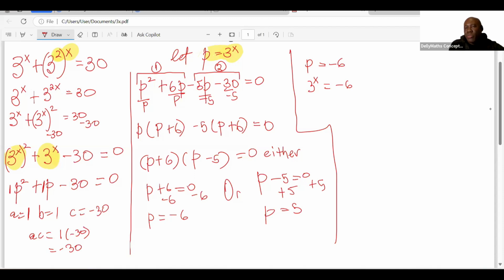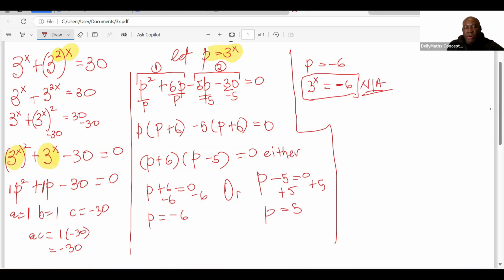When we take a look at this response, though, there is no real number that if I raise 3 to that number x, it's going to give a negative response. So this negative response here will not be valid for what we're about to do.